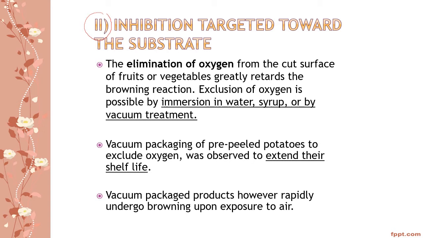Vacuum packaging of pre-peeled potato to exclude oxygen was observed to extend their shelf life. However, vacuum packaged product rapidly undergoes browning upon exposure to air. So once it is released from the vacuum, it will rapidly undergo browning once it is exposed to air.